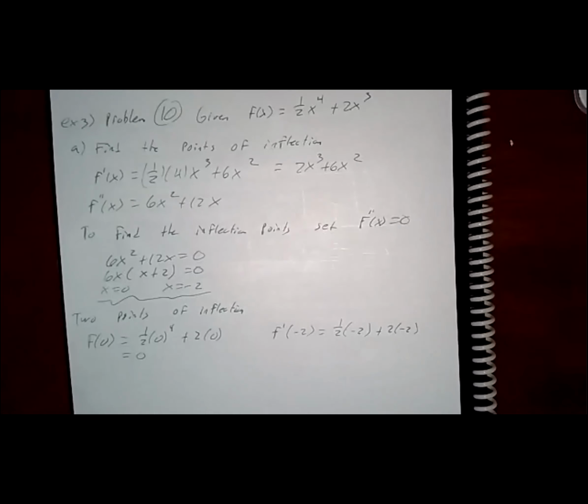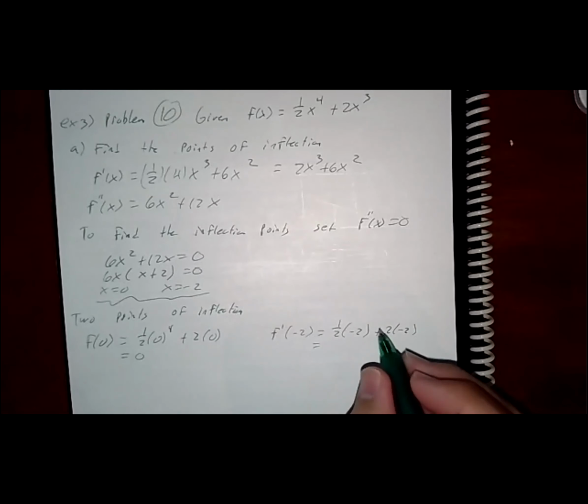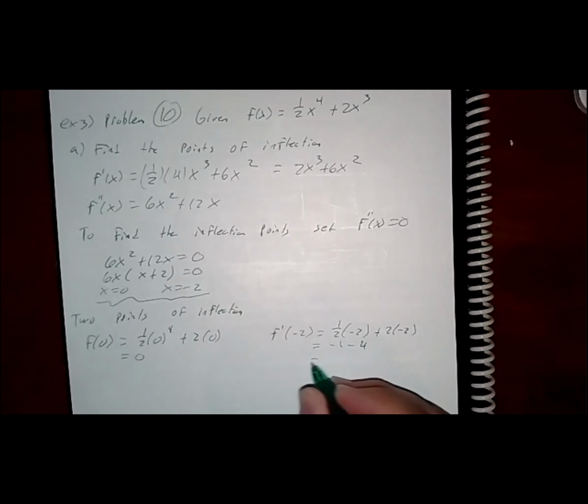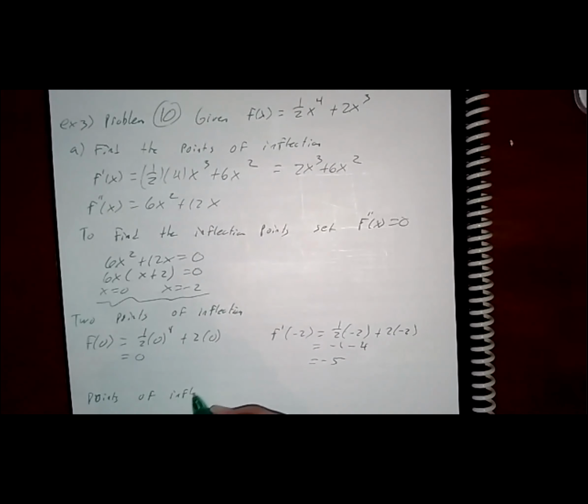So that'll be -1 plus or -4, which is -5. So the part A answer will be 0, 0 and -2, -5.